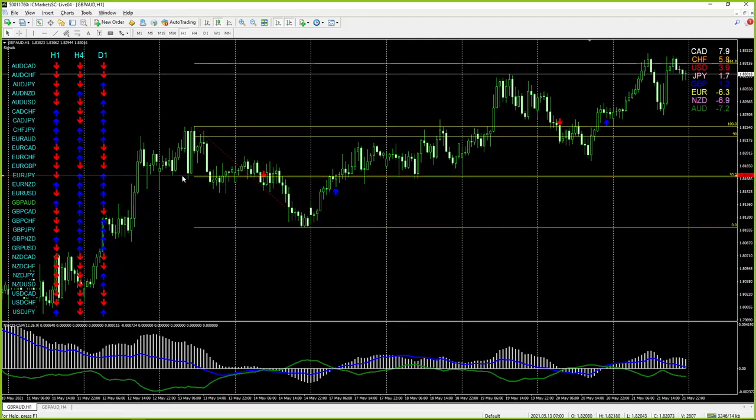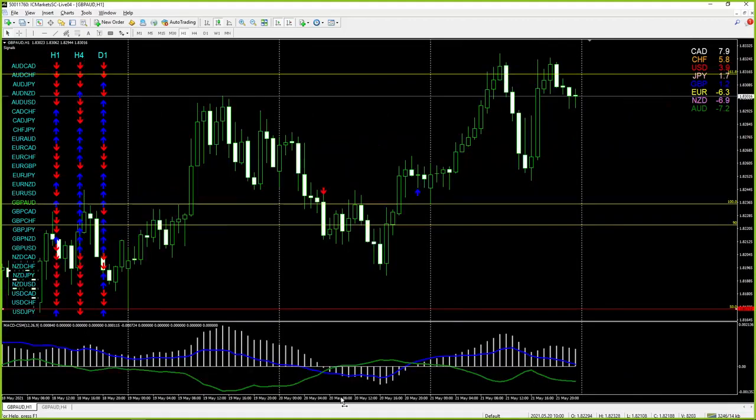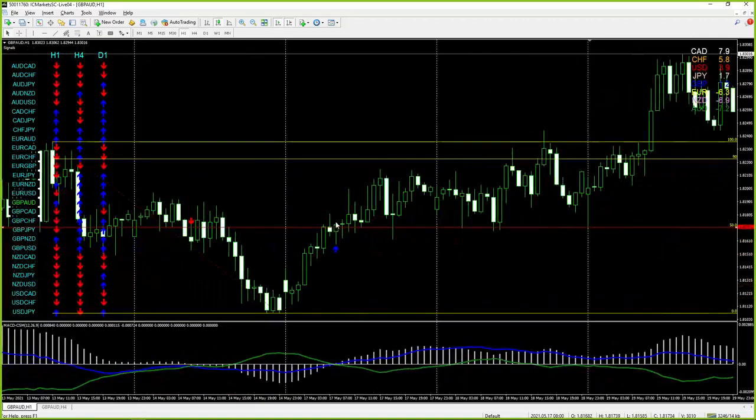Even if the price closed above, let's zoom in. As we can see, the price closed above the 50 Fibonacci level. We won't enter a trade immediately. Instead, we would have a buy limit at 1.81712, and this was Monday.